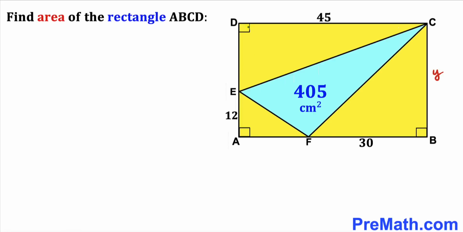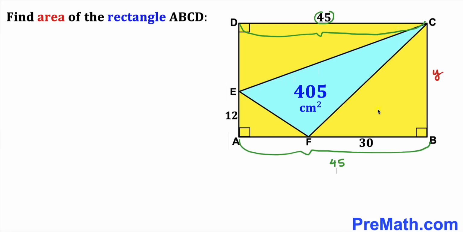Now let's make an observation. We know that this side length CD is 45 centimeters. Then this whole side length is going to be 45 centimeters as well. And we know that this side length is 30. So this side length has got to be 45 minus 30, which gives us 15 centimeters.